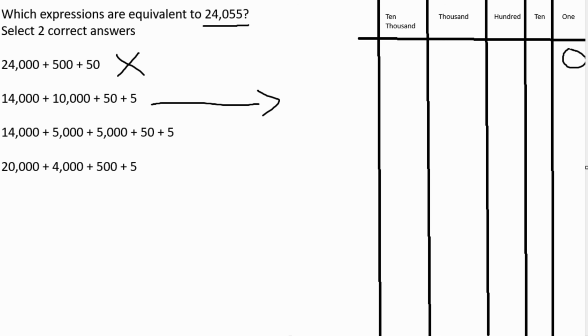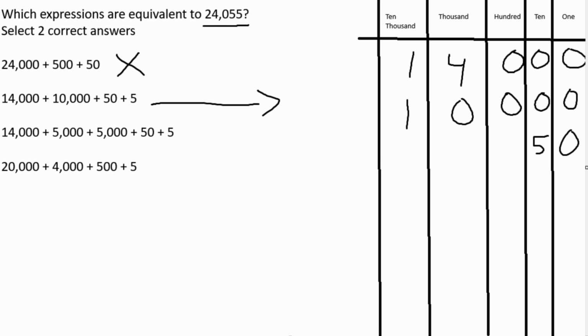We have 14,000, 0 in the hundreds, 4 in the thousands, 1 in the 10,000s. We have 10,000, okay. Then we have 50. Let's write that down. Then we have 5. And we're gonna add all of these up just like we did in previous questions.